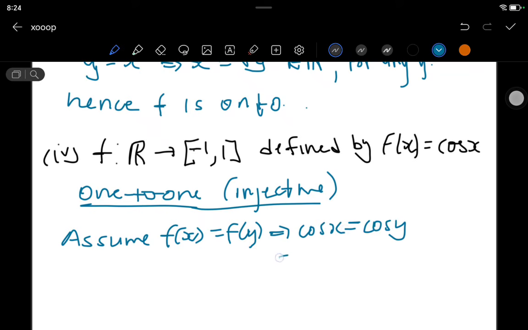And we know that if cos of x is equal to cos of y, this does not imply that x is equal to y. This is not always true. Then we're just going to say, but x is not equal to y. We can even use a counterexample.